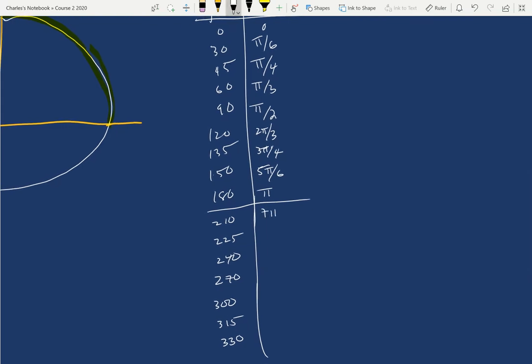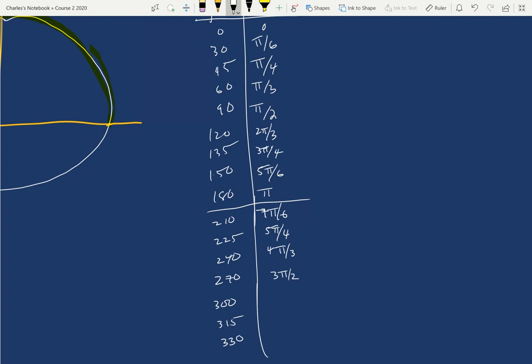It's 7, so this is 7 pi over 6. 225 is how many 45-degree angles? It's 5, so this is 5 pi over 4. 240 is how many 60-degree angles? It's 4 60-degree angles, so it's going to be 4 times pi over 3. 270 is how many 90-degree angles? It's 3, so it's going to be 3 times pi over 2.